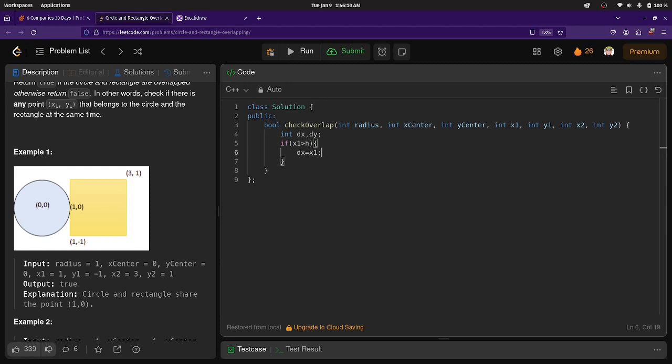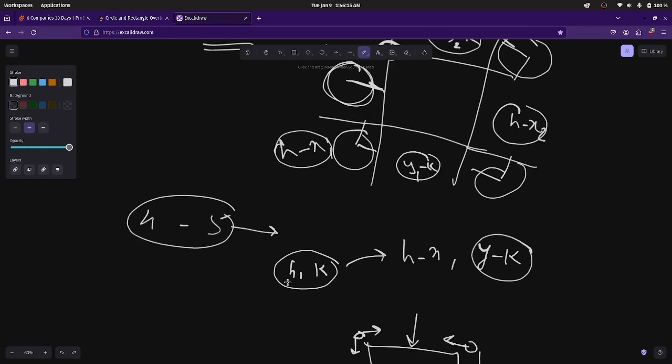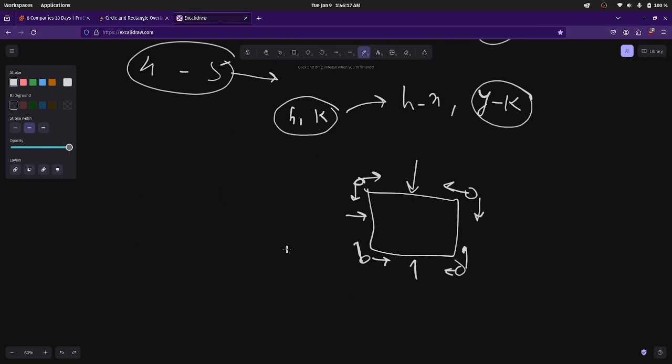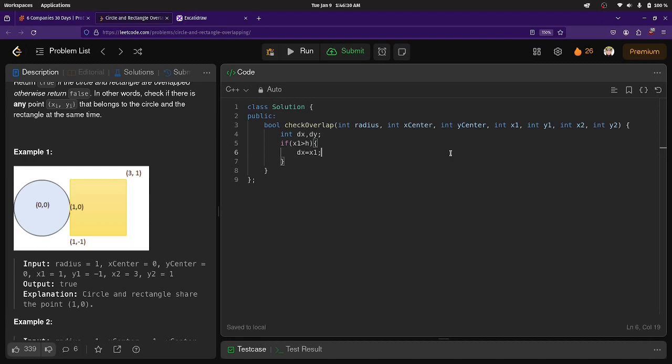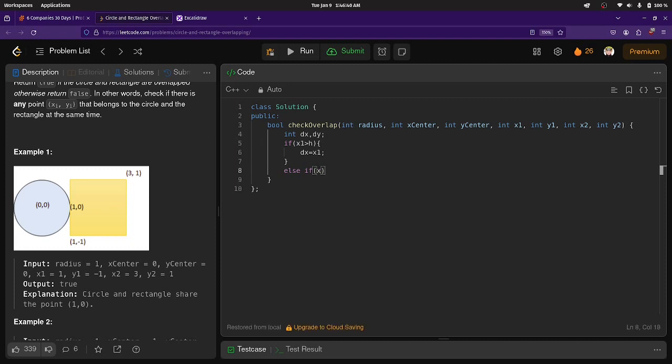Obviously, if it is greater, that means we are talking about that particular edge. मतलब अगर हमारा सर्कल यहाँ है और x1 ग्रेटर है, तो हम लोग पक्का इस पोजीशन के बारे में ही बात कर रहे हैं, या फिर वो इधर भी हो सकती है। Else if x2 is greater than h, then dx equals to x2.